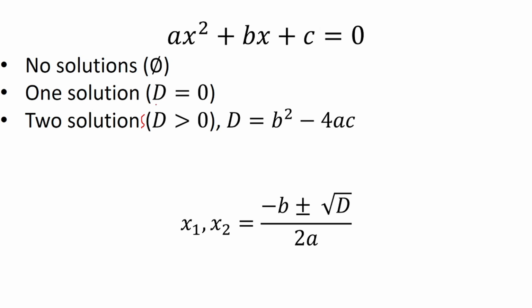Or it can have one solution where the discriminant is equal to 0, or it can have two solutions where the discriminant is greater than 0, where the discriminant is equal to b squared minus 4ac, where a is the quadratic term and c is the absolute term.